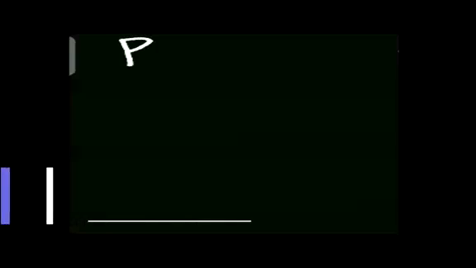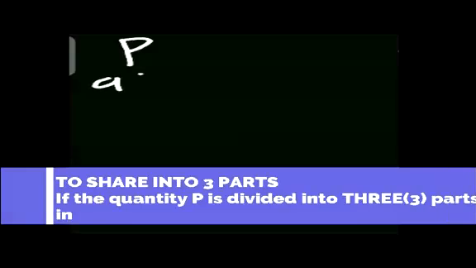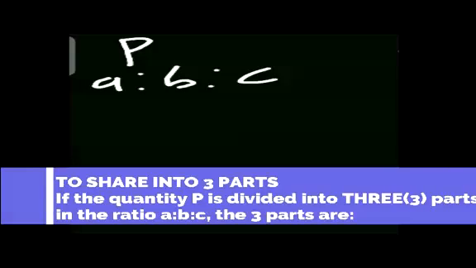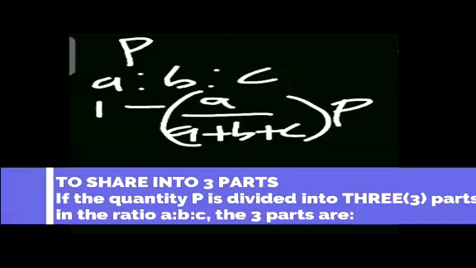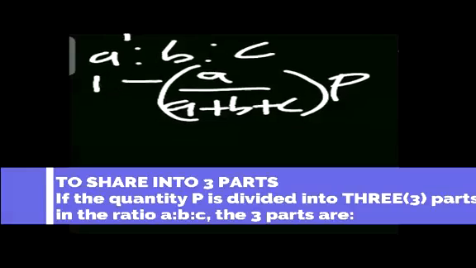Now let's talk about the case when we have 3 parts. If a quantity P is divided into 3 parts in the ratio A to B to C, the first part we have A over the total number times P, whatever they are sharing. That's the first part.